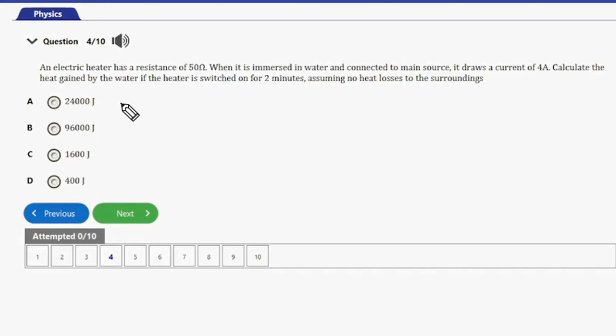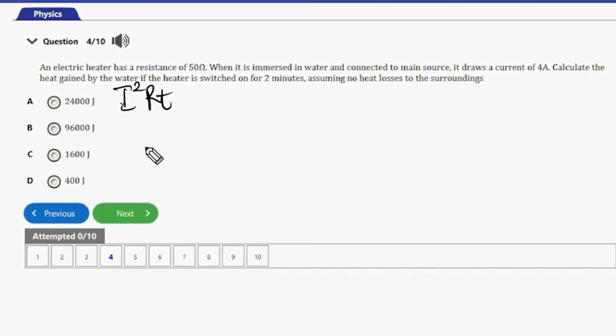So actually guys, here the heat gained by the water will be calculated as I squared RT. So already we have the current here, and then we also have the time in minutes, so we'll convert it to seconds, and then we have the resistance here in ohms.